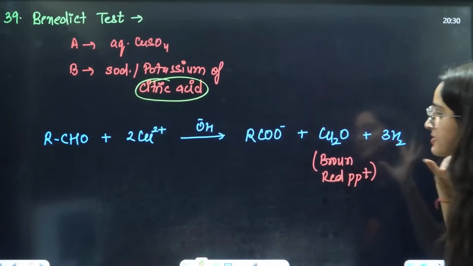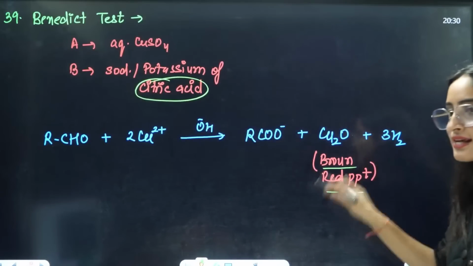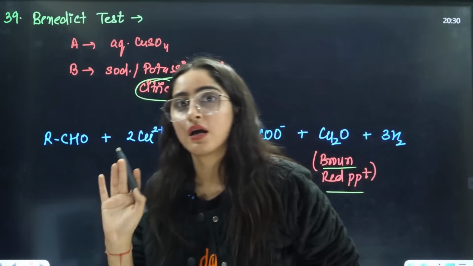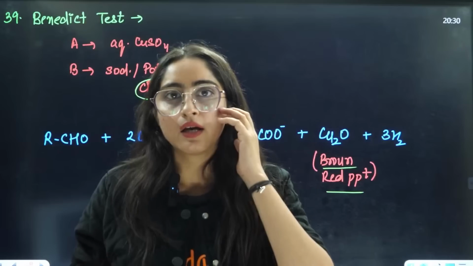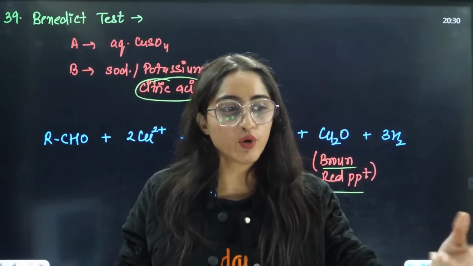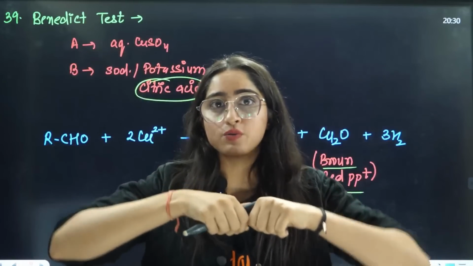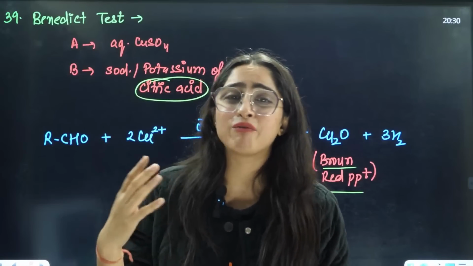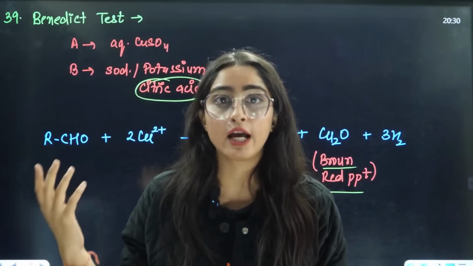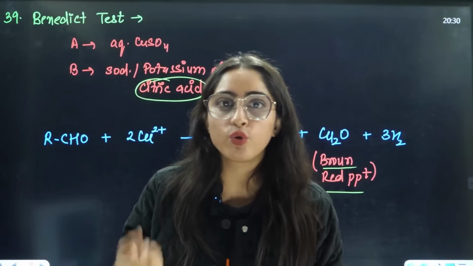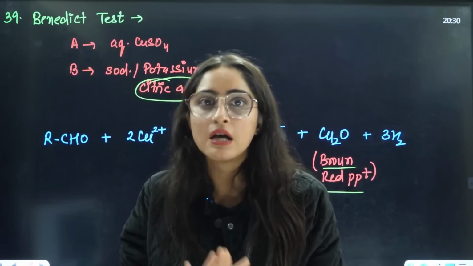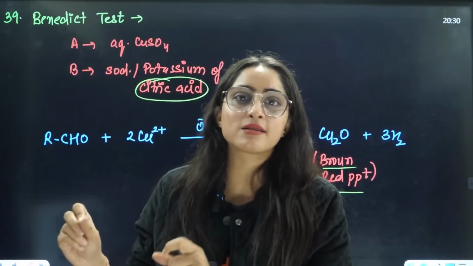Even the reaction is exactly same. Even the answer is exactly same. Reddish, brownish red precipitate. Now, ma'am, why was there this need? Because in Fehling solution, we have to mix those solutions, because those two solutions are not stable for a very long time. So we have to prepare those two solutions before the reaction when we want to do the test, right? But Benedict's test is stable.